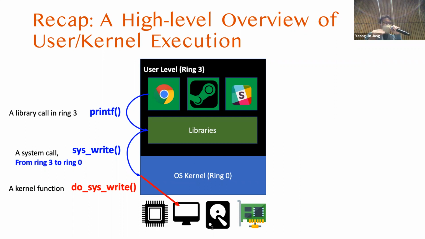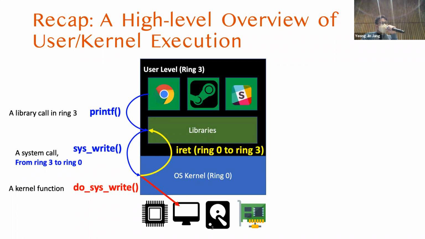Then, to recap, after the operating system handles these requests, the only way we learned of transitioning from ring 3 to ring 0 is via an interrupt. To return from ring 0 to ring 3, we use interrupt return. The reason I have these two hops, one library call and one system call, and then iret and return, is to distinguish system calls from library calls.